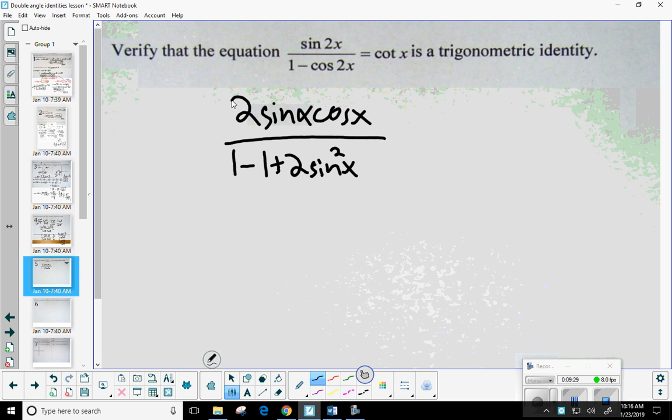Now, is everybody okay with how he went from the first denominator to this one? Does anybody need us to elaborate? Okay. All right, keep going. So 2 sine x cosine x. And then the ones cancel.